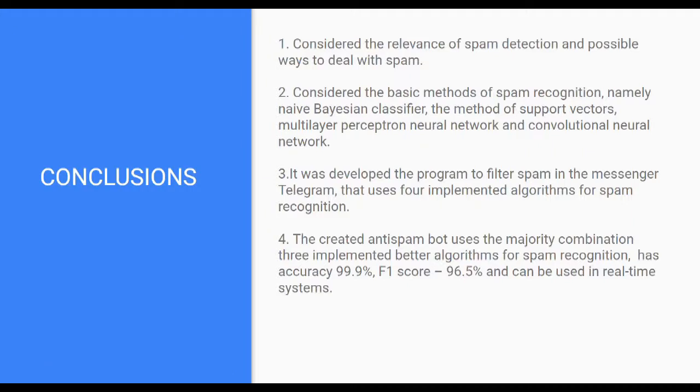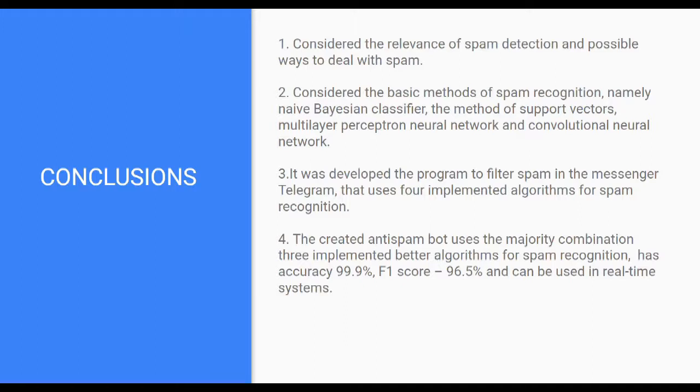During the research, the relevance of spam detection and the possible ways to deal with spam were considered. The basic methods of spam recognition were discussed, and as a result of the project, a program was developed to filter spam messages in Telegram channels.